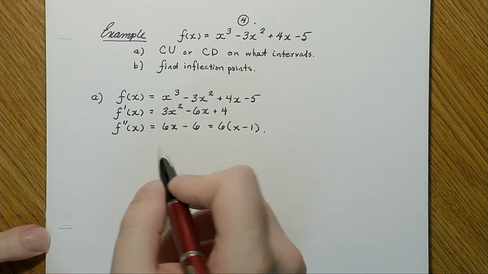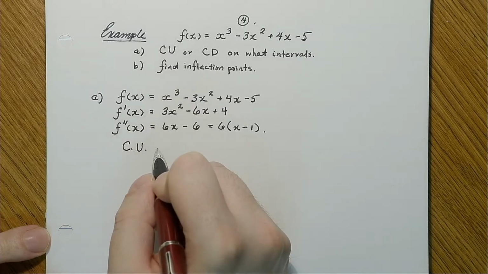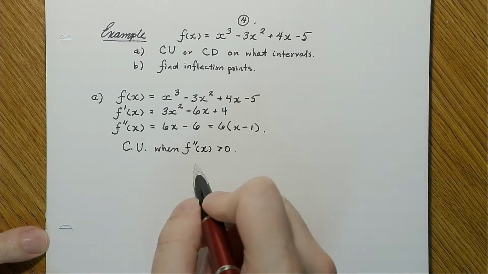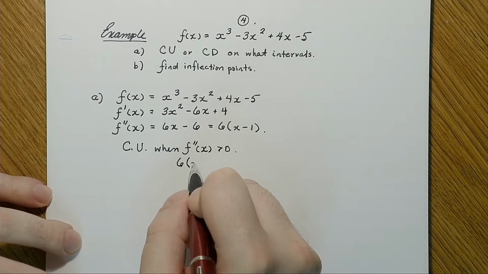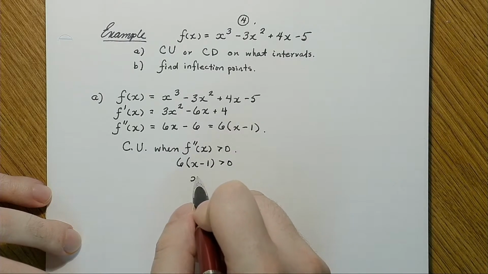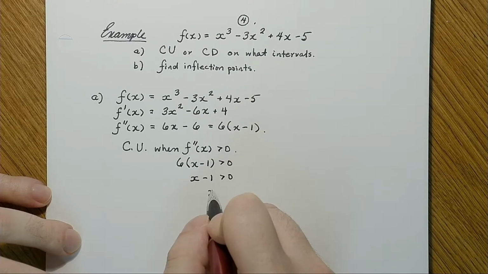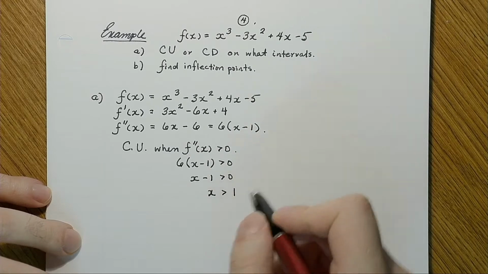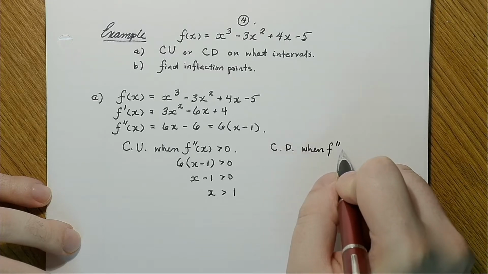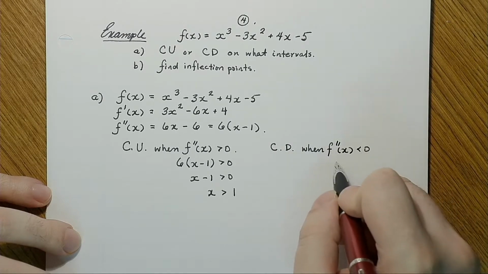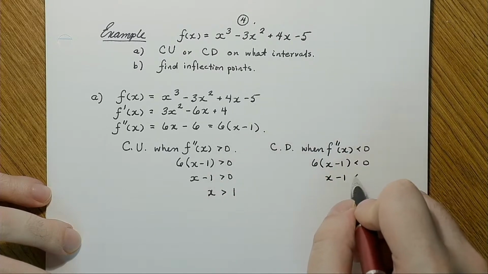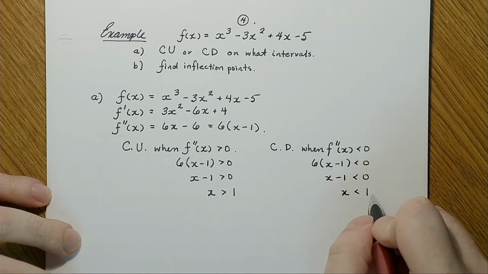So for this one, it's concave up when the second derivative is greater than 0. And for that, I get 6 times x minus 1 is greater than 0. The 6 goes away, so I'm left with x minus 1 is greater than 0, or x is greater than 1. And for concave down, that's when it's less than 0. Again, very similar argument on the left-hand side.